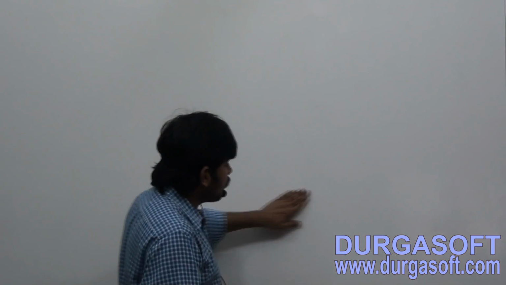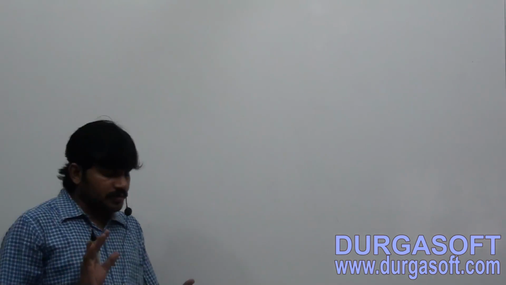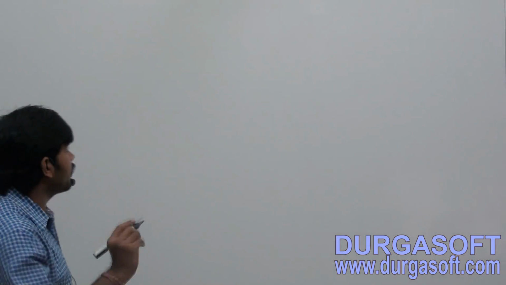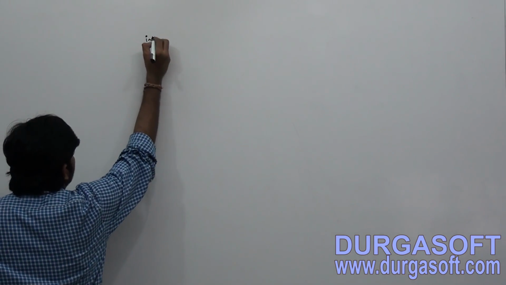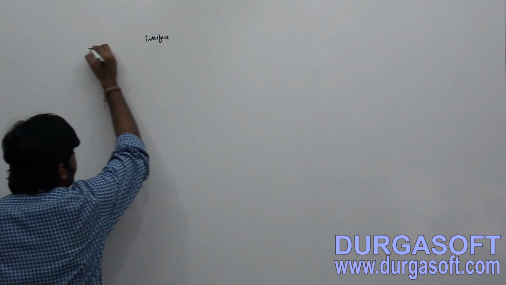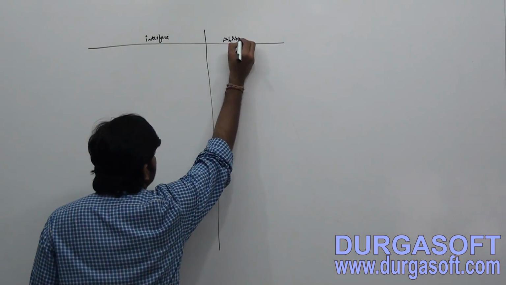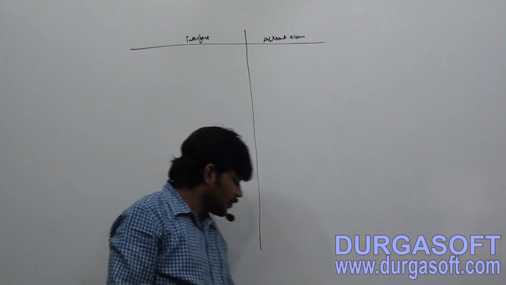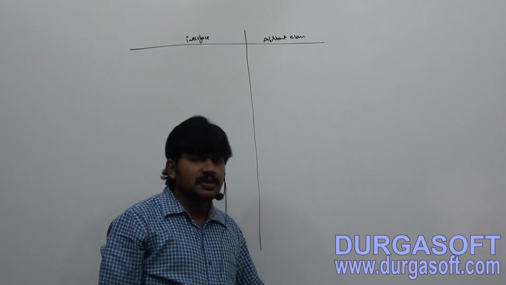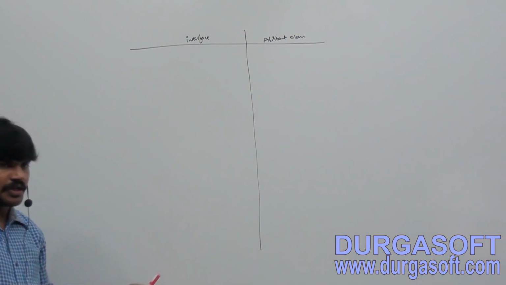Do you know what the various differences between interface and abstract class are? Observe very carefully. It is better to keep a subheading. We will use a table form for interface and abstract class. Just listen to the conclusions first. At last you can document all of these.